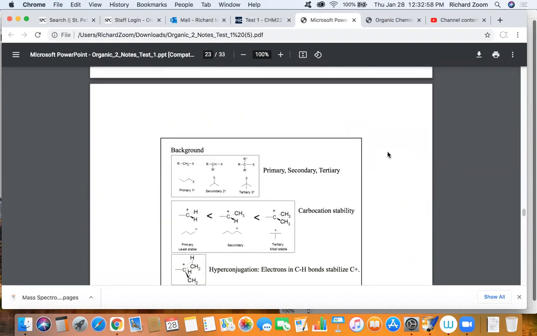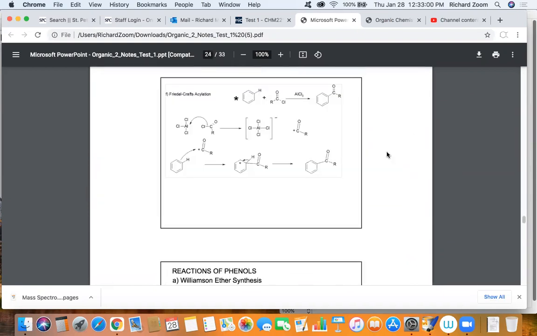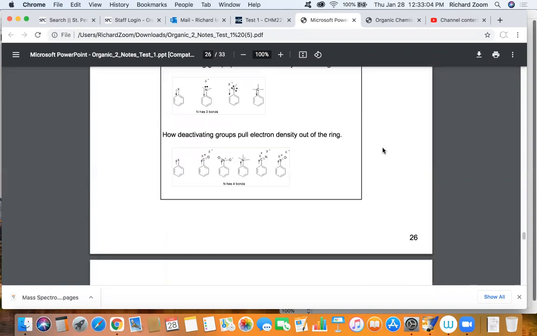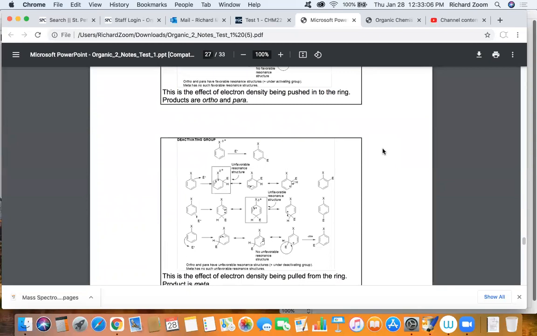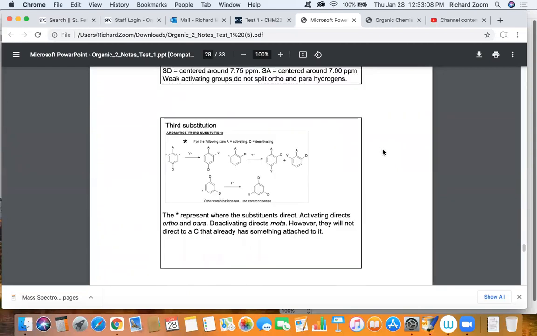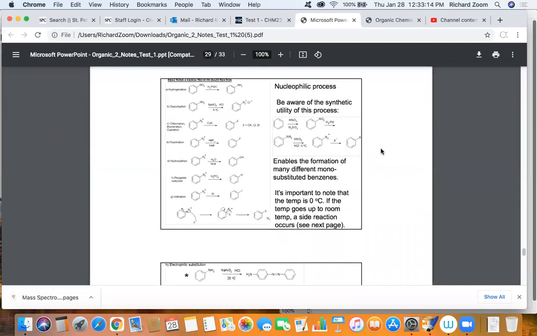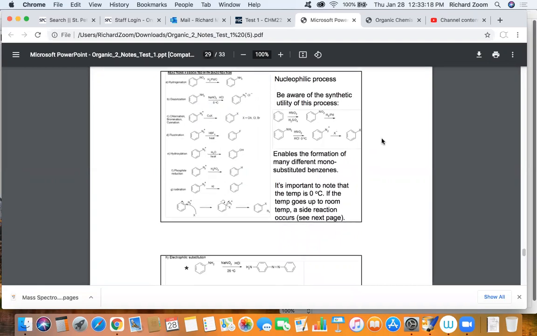Okay, so we're dealing now with, I think, side chain reactions, or diazidization. All right, so we're going to look at diazidization today.